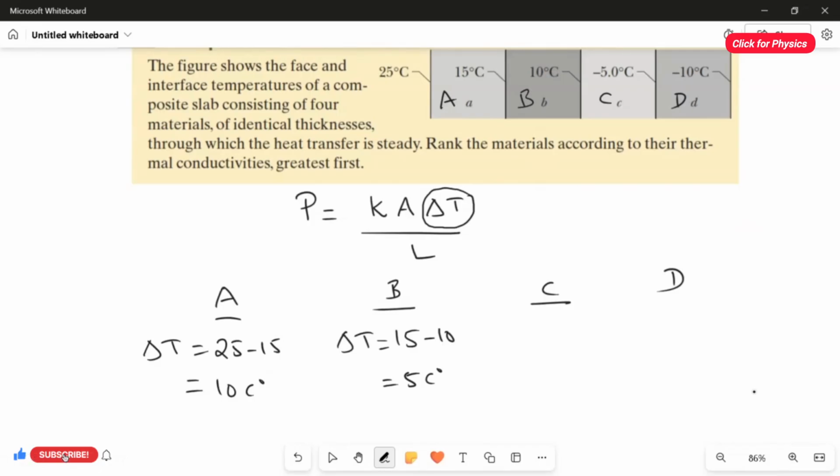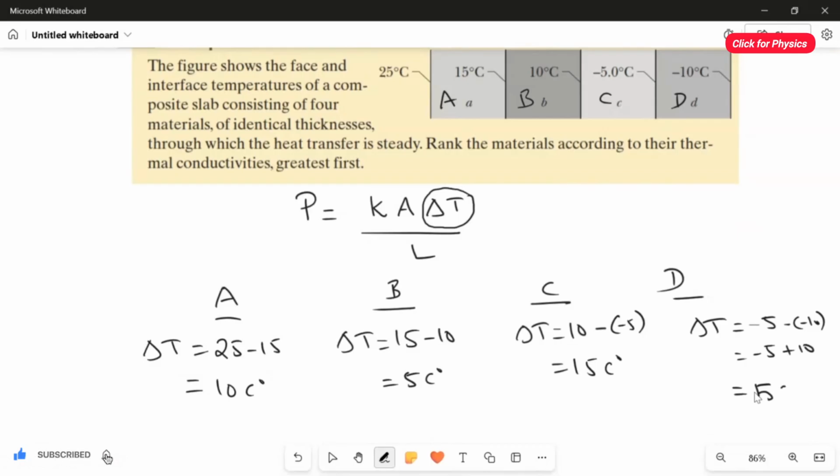For block C, the delta T is the final value 10 degrees minus the initial value of minus 5, so 10 minus minus 5 is 15 Celsius degrees. For block D, the delta T value is minus 5 minus minus 10, so minus 5 plus 10, the answer is 5 Celsius degrees.